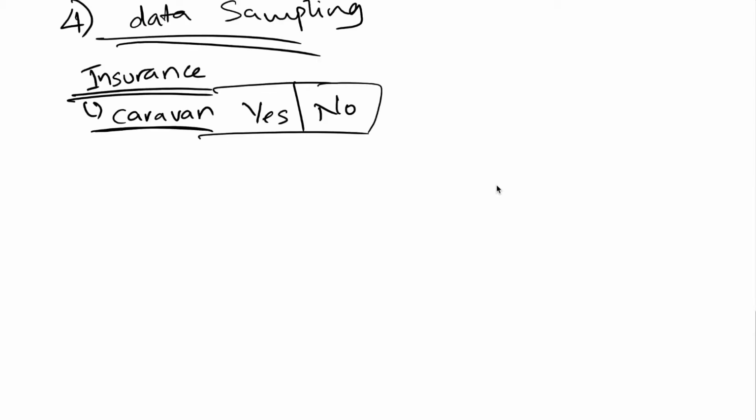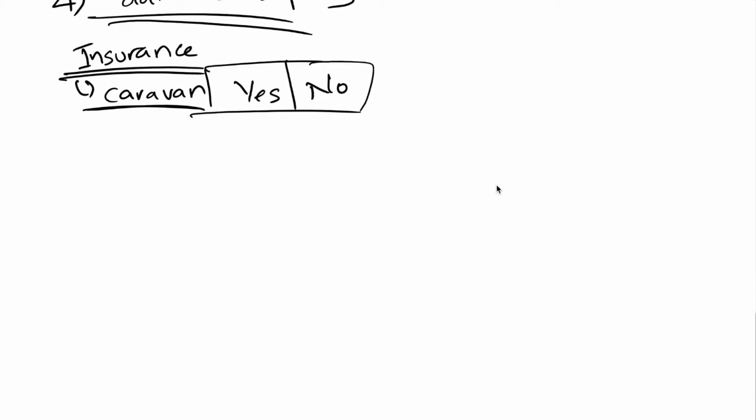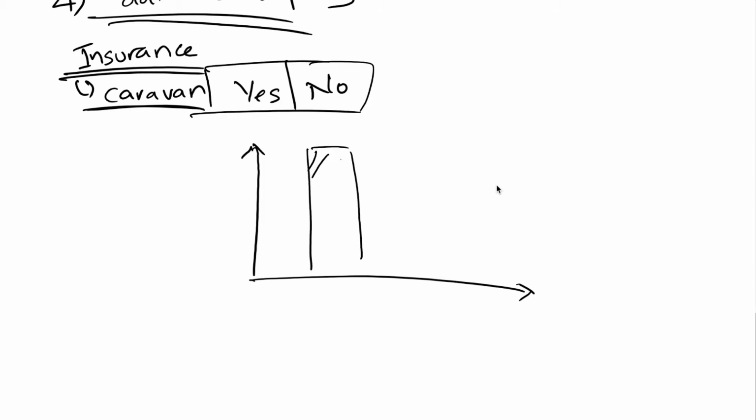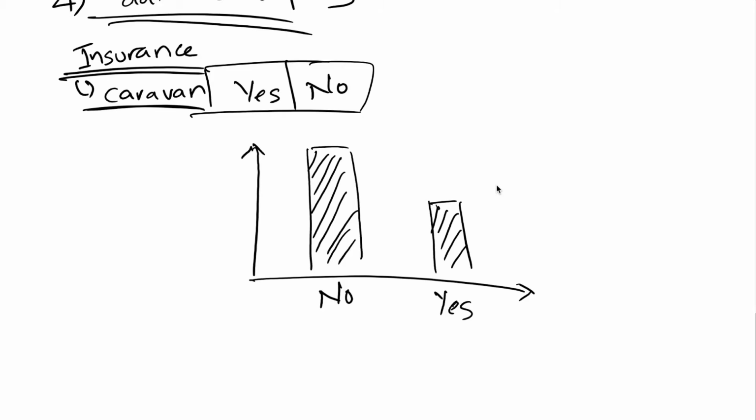So when you're presented with this type of data set, you would have the majority of your data which do not own the caravan insurance, and very less number of people who may have a caravan insurance.